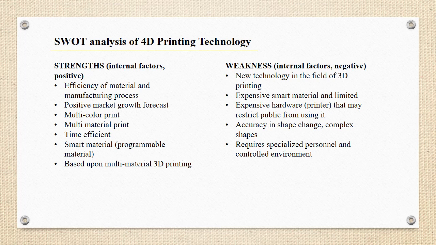Now let's have a look toward 4D printing technology's weaknesses: expensive smart material and limited smart material, expensive hardware, printers that may restrict the public from using it, accuracy in shape change, complex shape, required specialized personnel, and controllable environment.